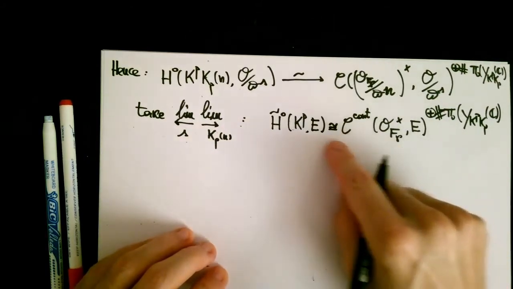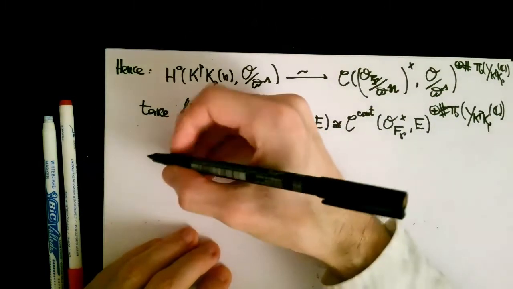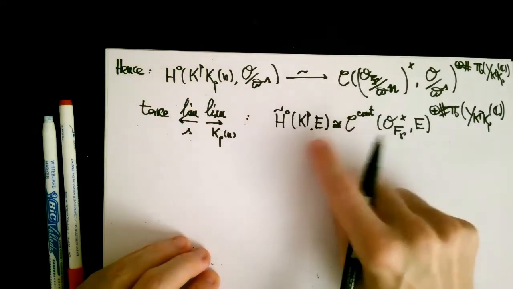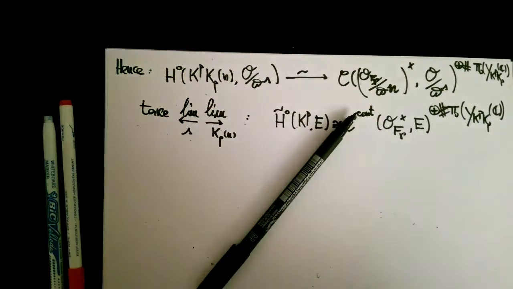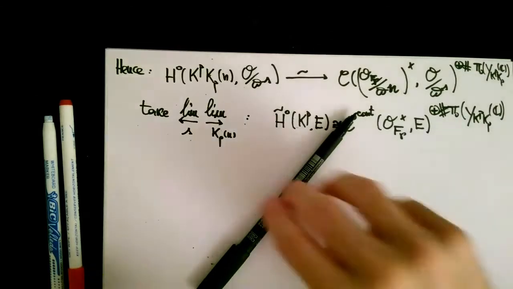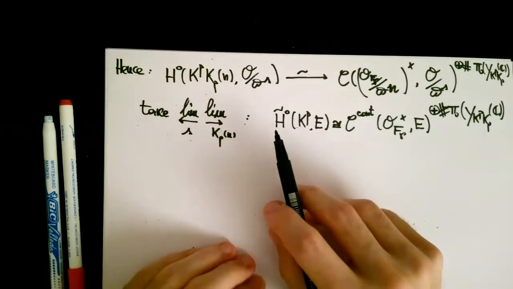Why? Because we know that if I take the local analytic vectors here, I obtain the space of local analytic functions, and we know that the Lie algebra cohomology is 0.